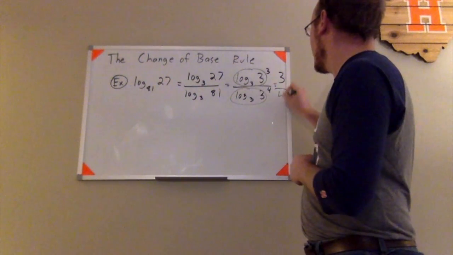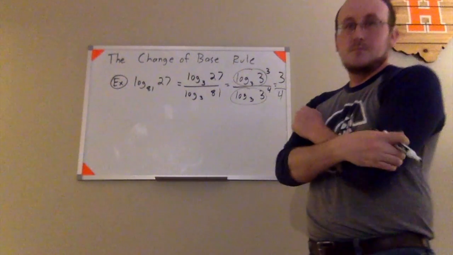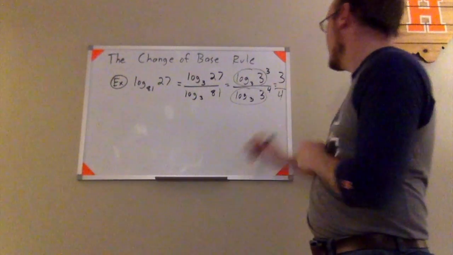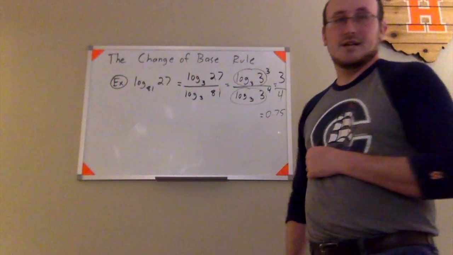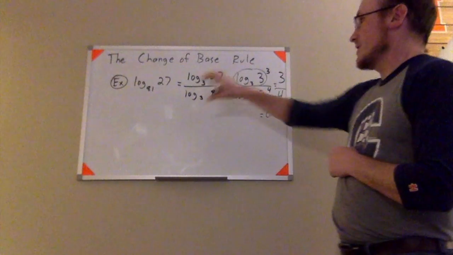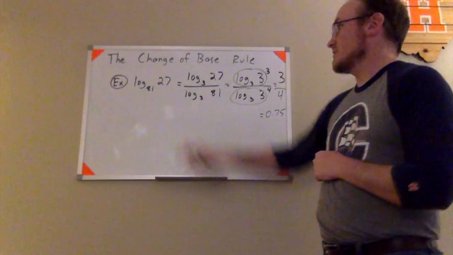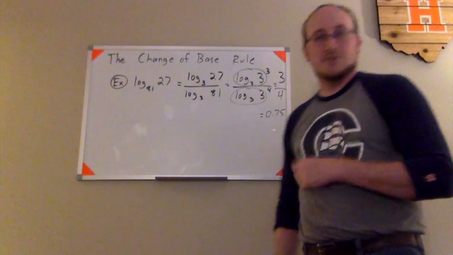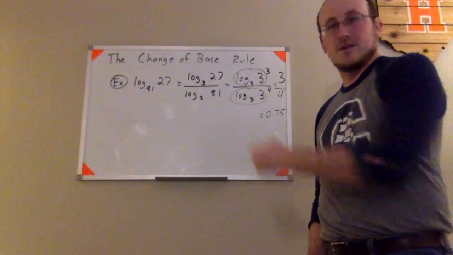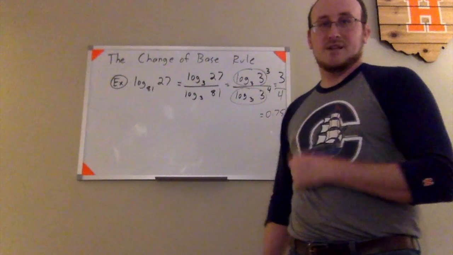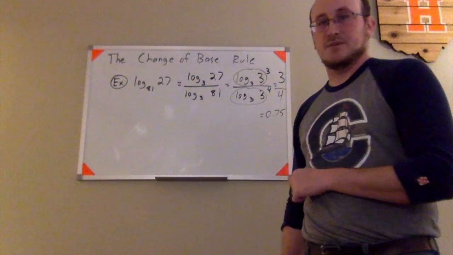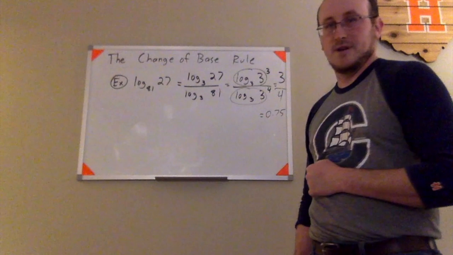So you get your 3 fourths right there, which as a decimal would be 0.75. Again, converting to base 3 logarithms, because we recognize that both numbers involved could be written as base 3 exponentials, and then we can go ahead and simplify based on the fact that the base 3 logarithm and the base 3 exponential are in fact inverses of one another.